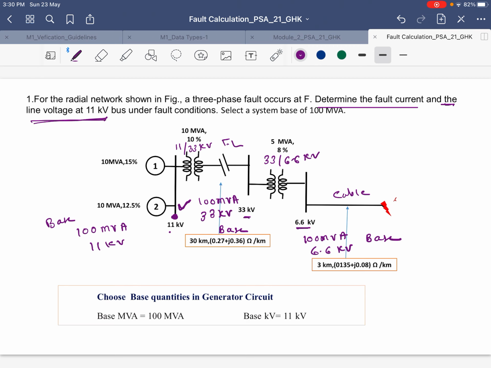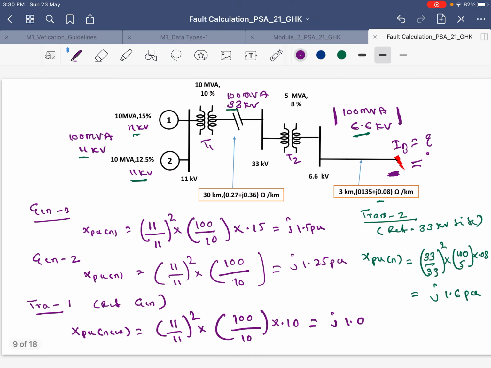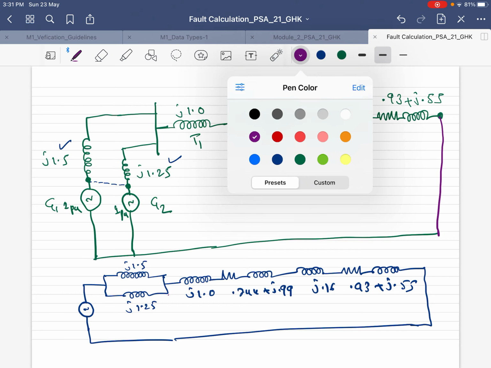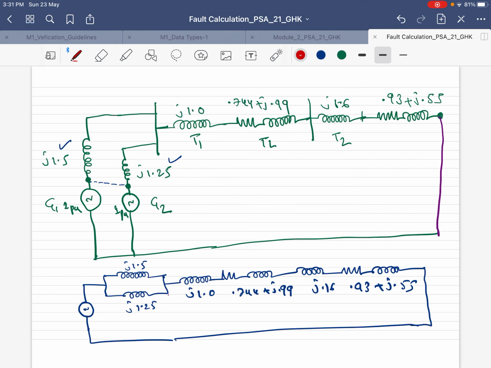Under short circuit condition, I will take up this particular figure here. He asks you to find out what is the voltage at this particular point. We know the fault current here. Under the fault condition, what is the IF?